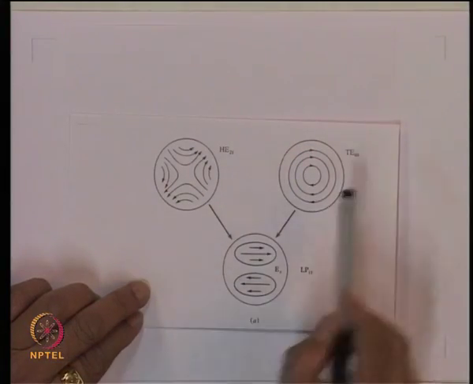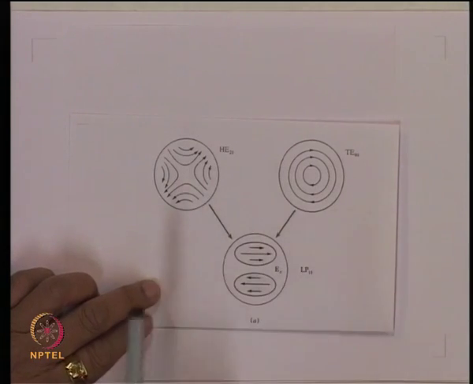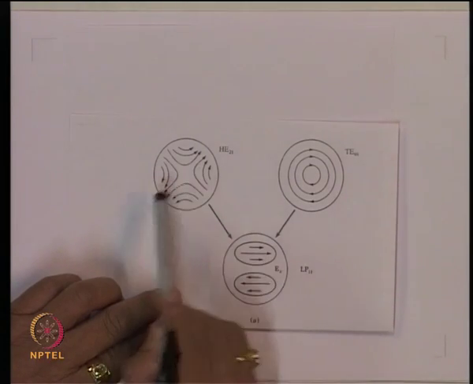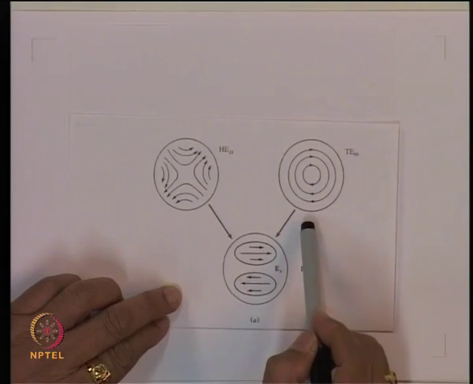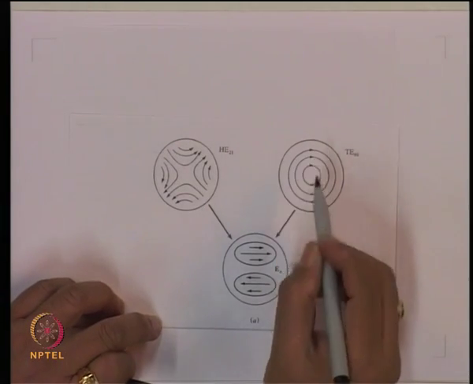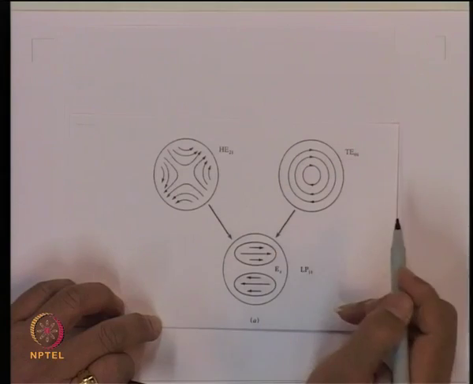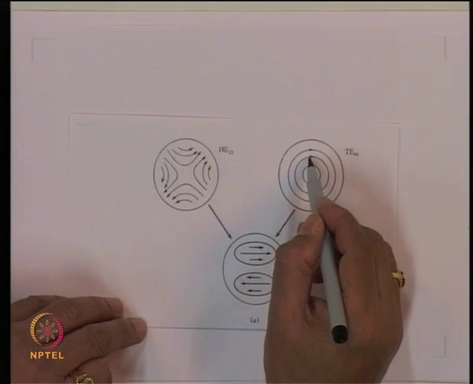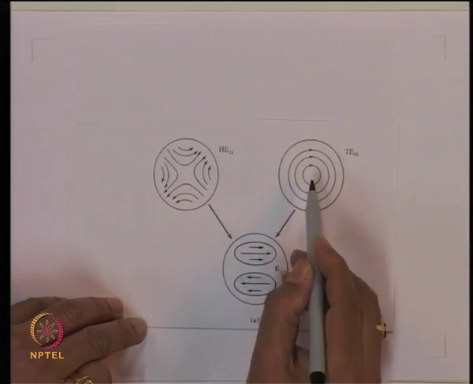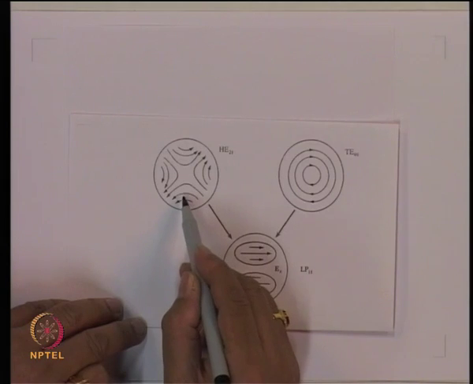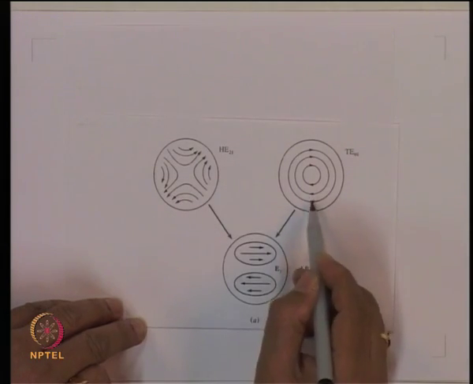So, if I consider the HE21 mode and the TE01 mode and add these two, you will see here the field direction is vertically upwards, here the field direction is vertically downwards, so they cancel each other. When I come to this location, the field direction is this way, here also the field direction is this way, so the field will add. When I come to this location, this is going upwards, this is downwards, so the field will cancel, and again here the field will add, because this is the direction of the field here and this is the direction of the field here.